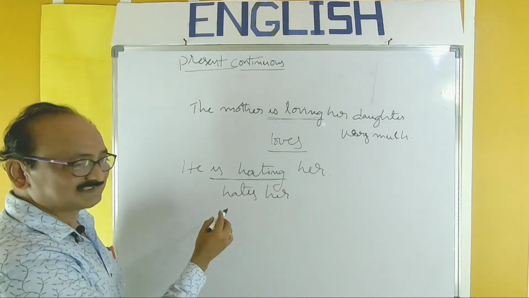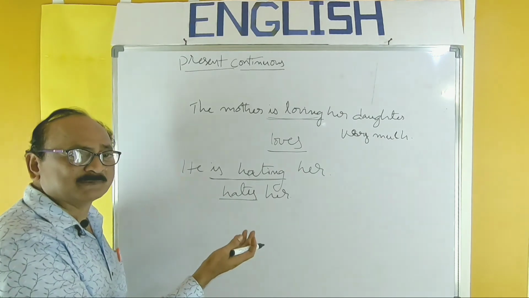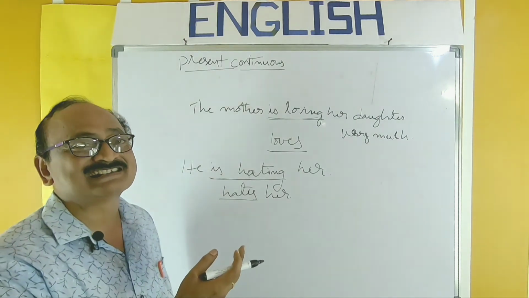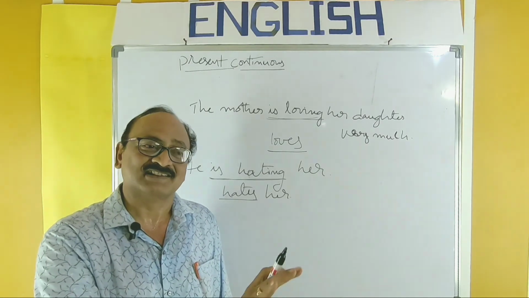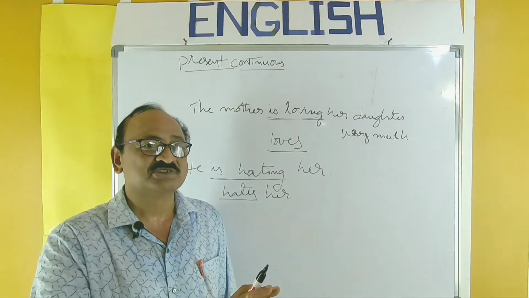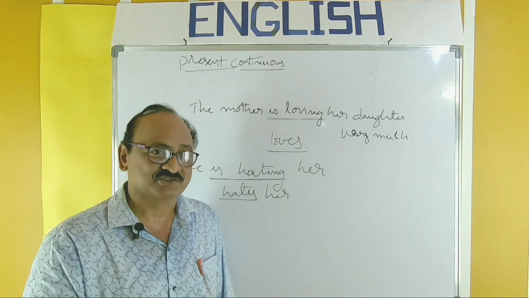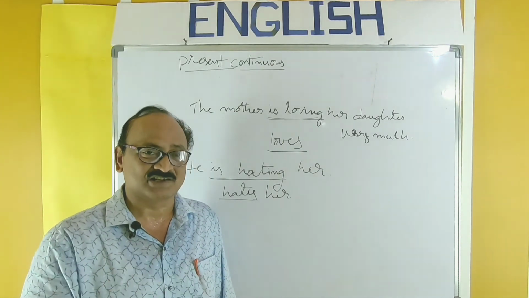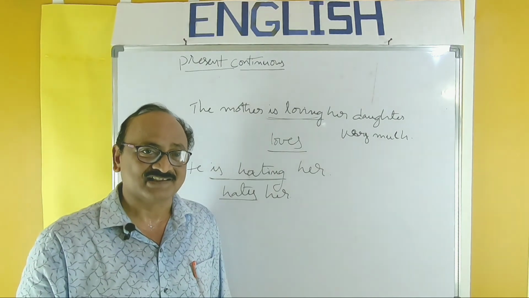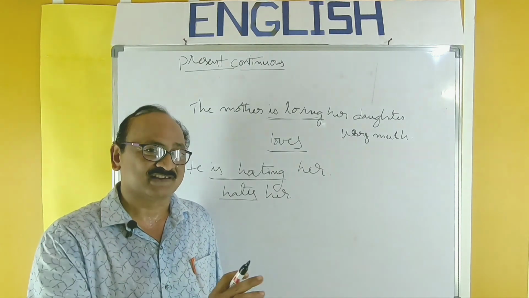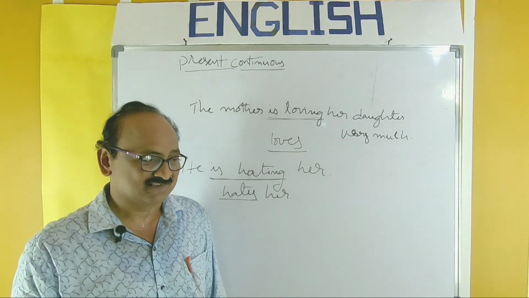So, like that, it should also be in simple present. And so many examples are there. Understand. I am not understanding your lesson. That is wrong. I don't understand your lesson. That is right. Understanding should not be used like that in present continuous. I don't understand your lesson. That is the right way. So, negative form is this. That's why we need to use don't.